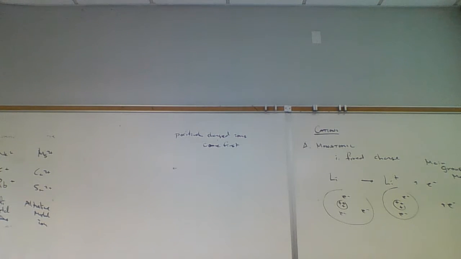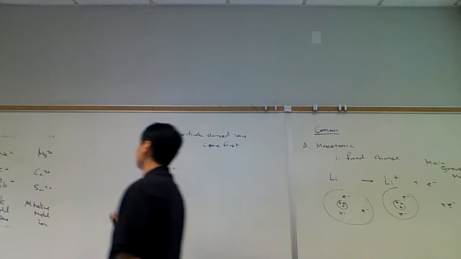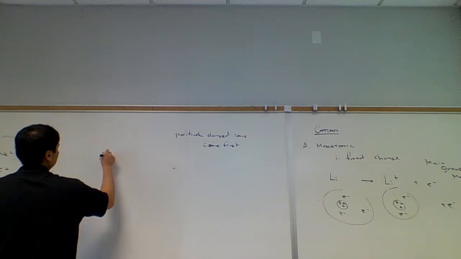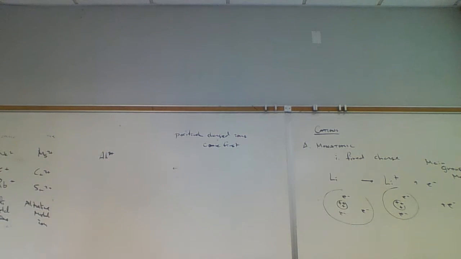Although it lists aluminum as a metalloid, aluminum is more metal than metalloid, but it does have metalloid properties. And so aluminum is what we call fixed charge too. So we'll have aluminum 3+. All right. These are the main group fixed charge.